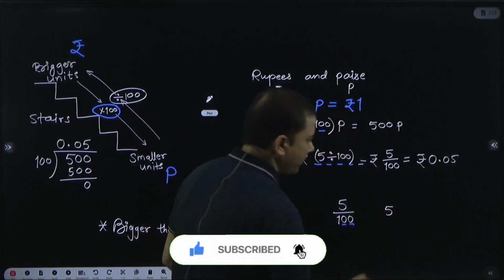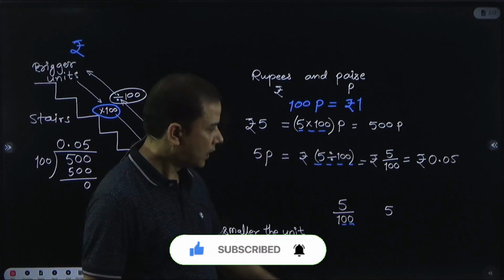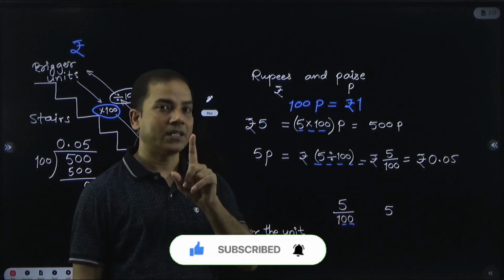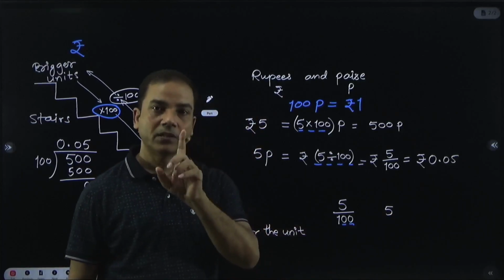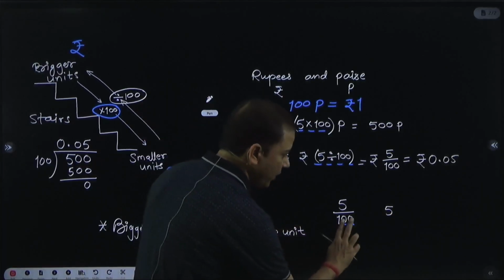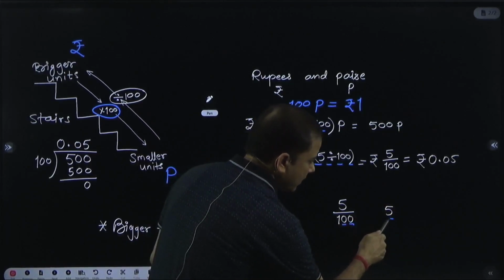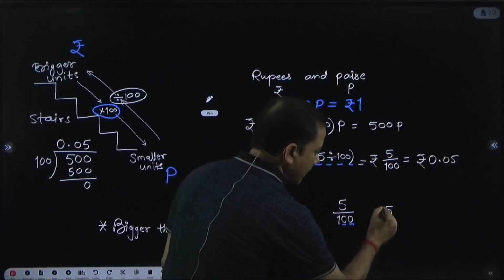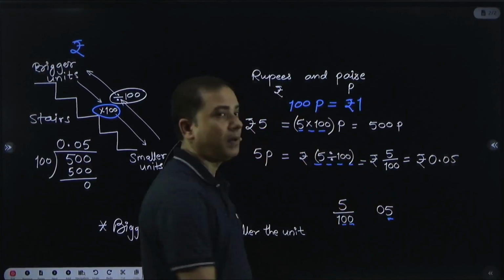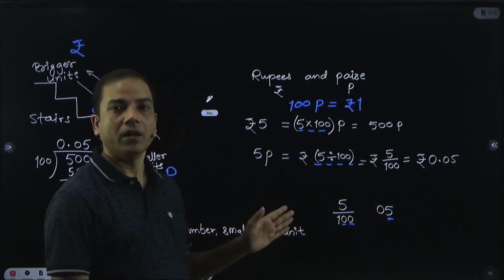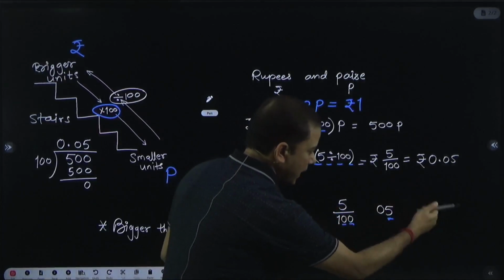We already have the number 5. 5 is 1 digit, which means 1 place of decimal. But we need 2 places of decimals. One place is this itself. Another place is completed by putting a 0 on the left side of 5, not on the right side.